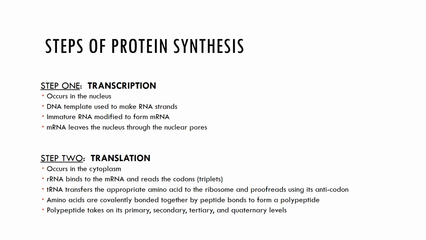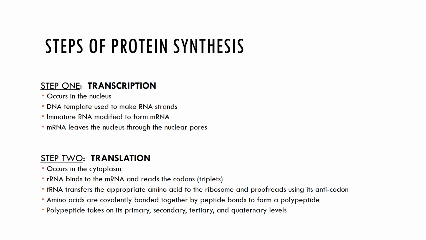Now, the steps of protein synthesis are outlined here. The DNA template is used to make the RNA strands. Immature RNA is modified to form messenger RNA. Messenger RNA leaves the nucleus through the nuclear pores, and then translation occurs in the cytoplasm.